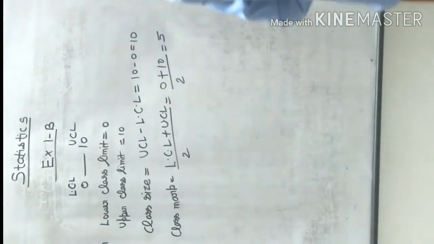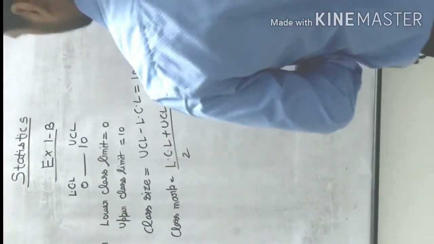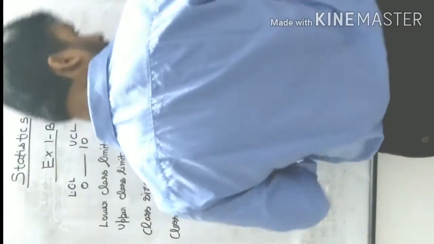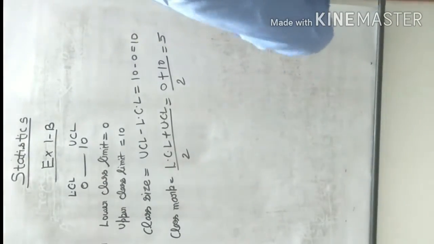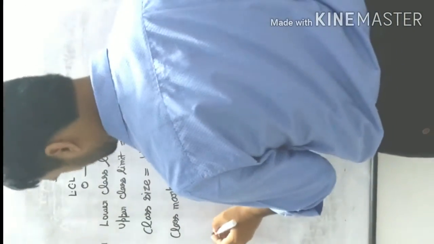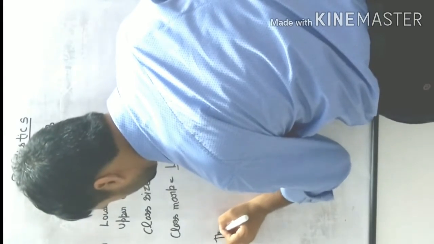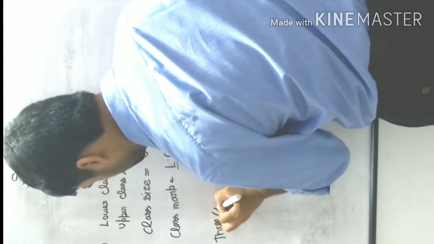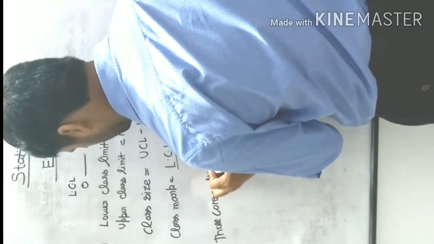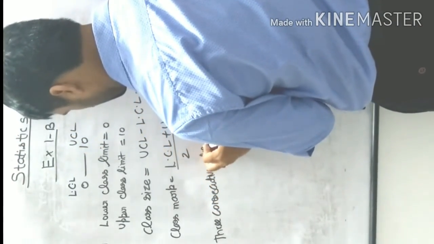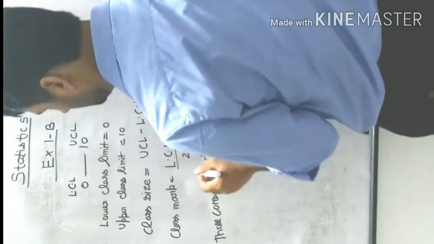Write 3 consecutive classes of the same size. For the first part, if I write 3 consecutive classes, 0 to 10 is there.